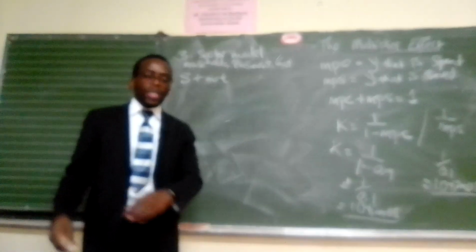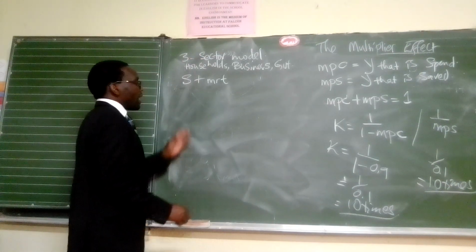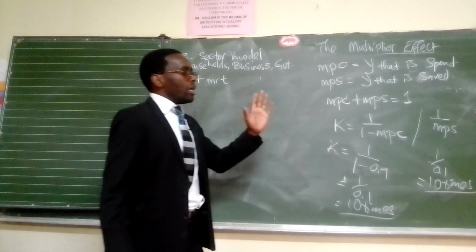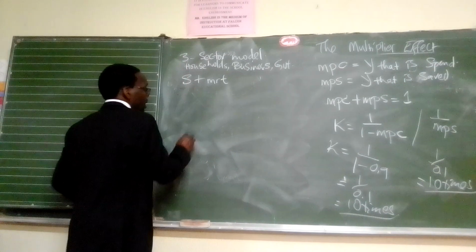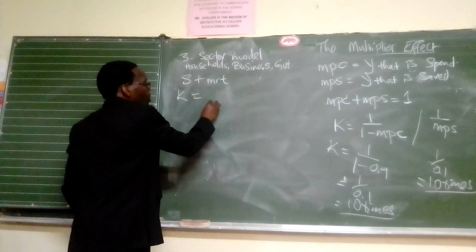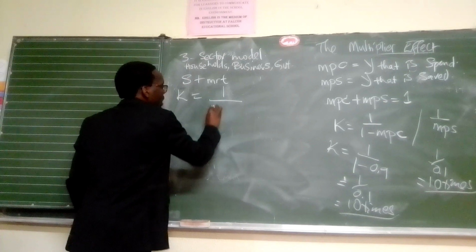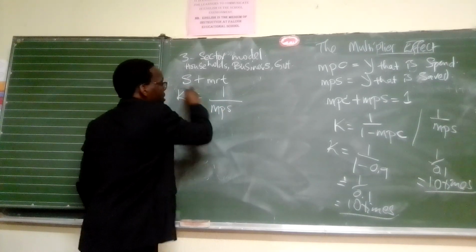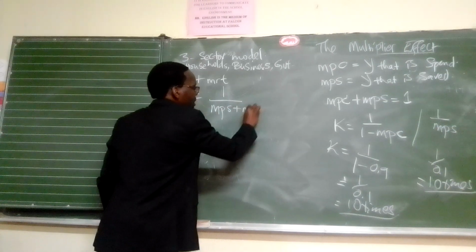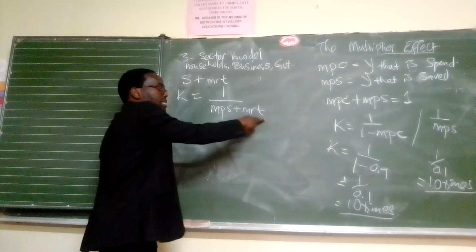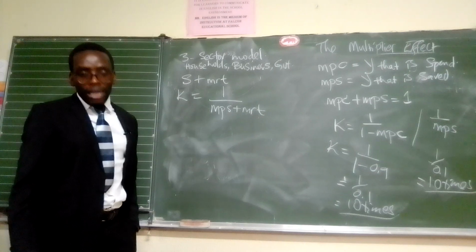Are we together? So what it would now mean is we are saying in a three-sector model, we are going to end up having our new formula for the multiplier. It will now be 1 over MPS, which is representing household savings, plus our MRT, which is representing the rate of taxation by government.